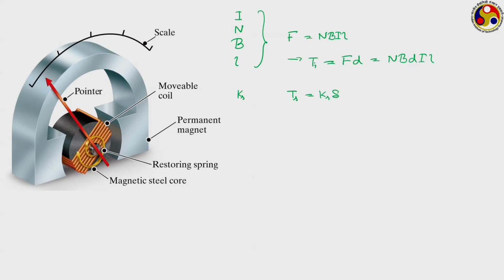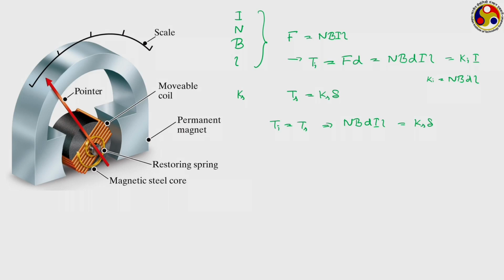The pointer will reach a balance situation only when these two torques are equal to each other, that is when Ti equals Ts, that is N B D I L is equal to Ks into delta. Quite often we write this Ti as Ki into I, where Ki is equal to N B D L, and here all are constants.